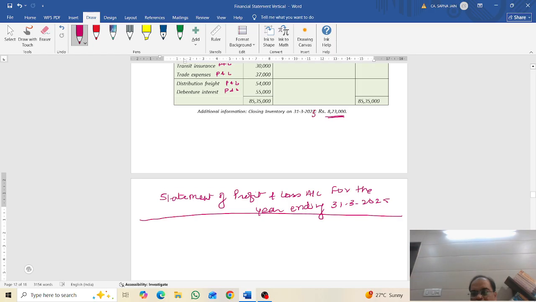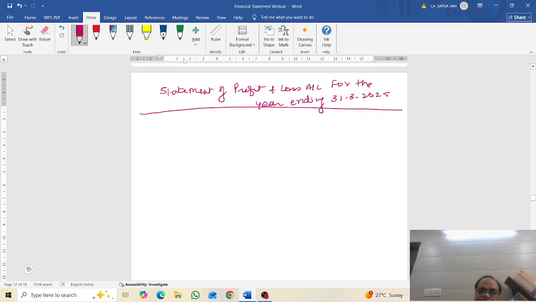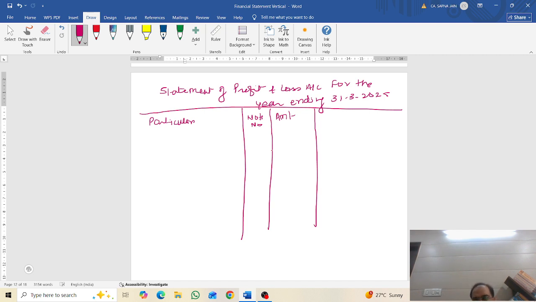Here, particulars, note number, amount. Now we will use this space for preparation of note number. So this is the format.